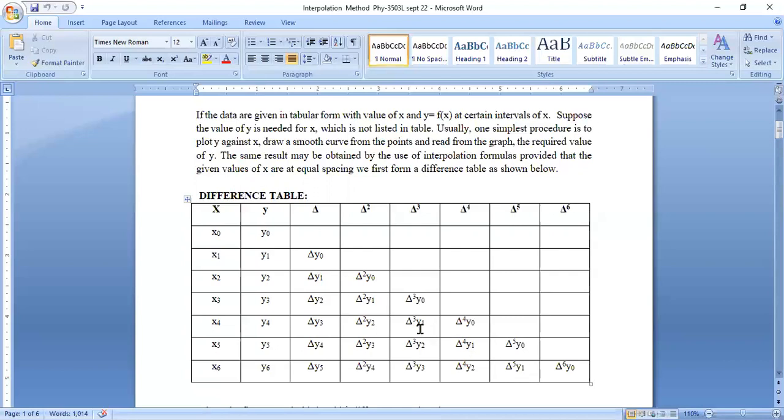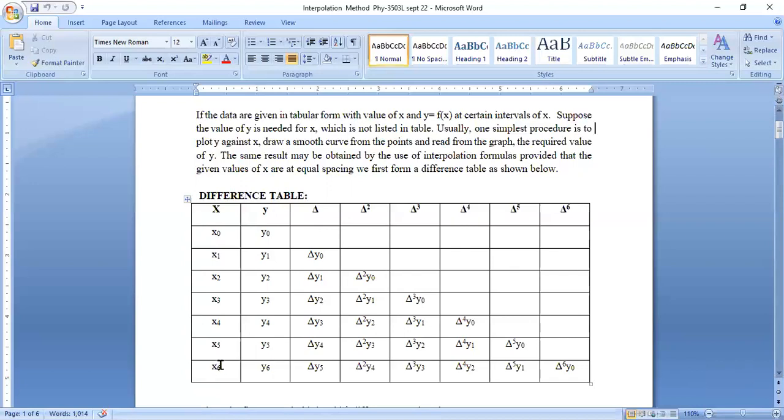These differences, the first order, second order, third order, and fourth order differences, will appear in the Newton's interpolation formula.